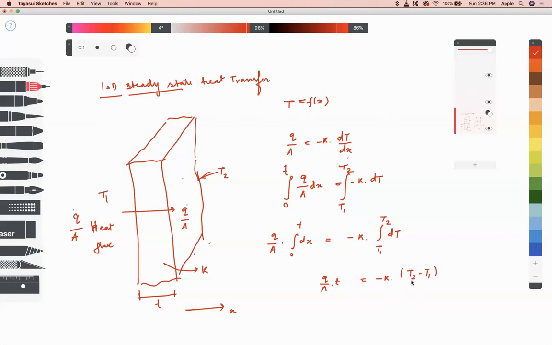So as T2 minus T1 is negative, we can reverse it and remove this minus sign and write Q dot by A is equal to k into T1 minus T2 divided by t. So this is your expression with respect to one-dimensional steady-state heat transfer in case of a slab.